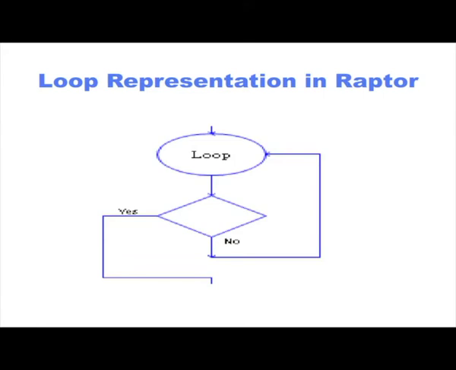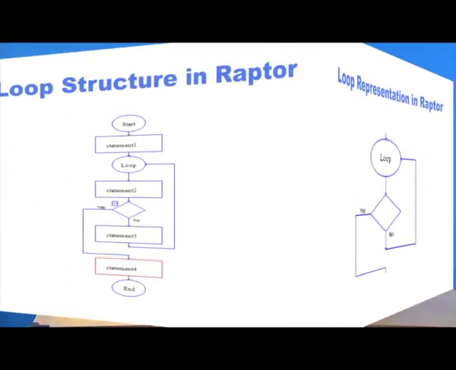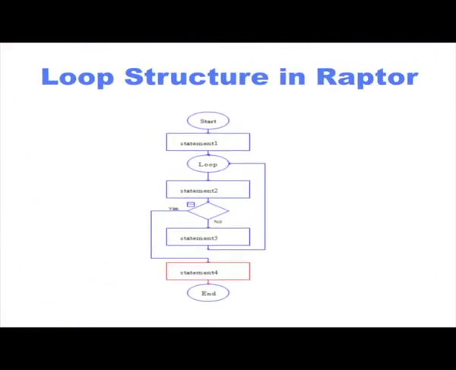Let me clearly explain how a loop statement works. Now look at the looping structure on the screen. In this case, statement 1 is executed only once before the loop begins. Statement 2 will be executed at least once because it comes before the decision statement. If the decision expression evaluates to yes, then the loop terminates and control is passed to statement 4.